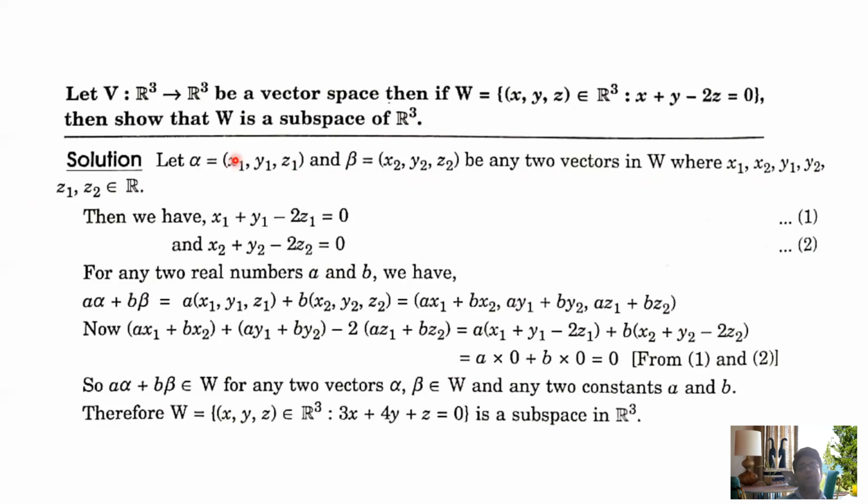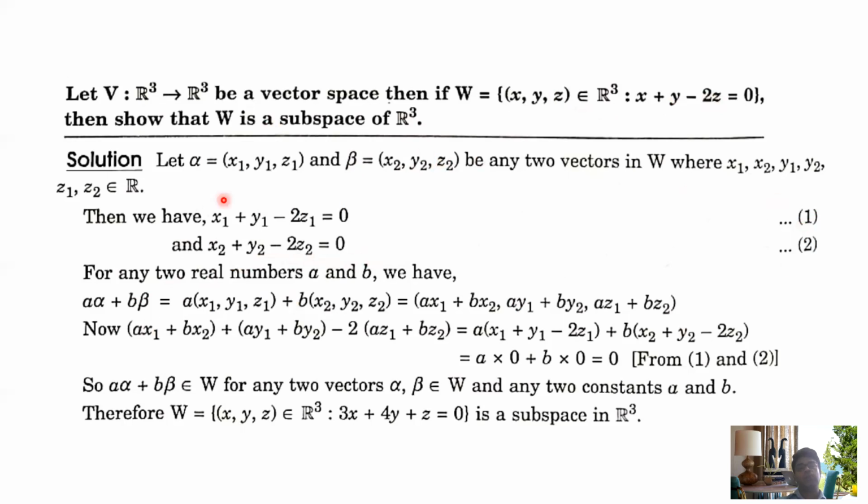So when this point is coming from here, that means x1, y1, z1 must satisfy this relation, that is x1 plus y1 minus 2z1 equal to 0. This is number 1. When you consider beta, x2, y2, z2 must satisfy x2 plus y2 minus 2z2 equals 0. Clear?